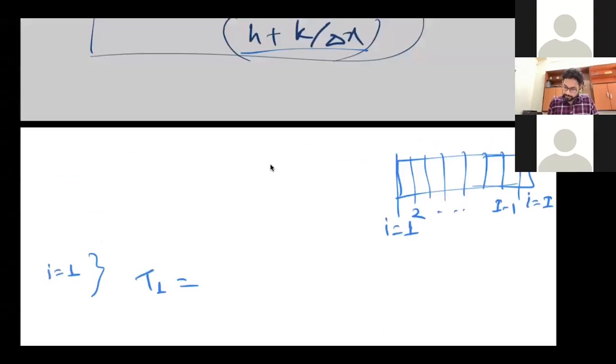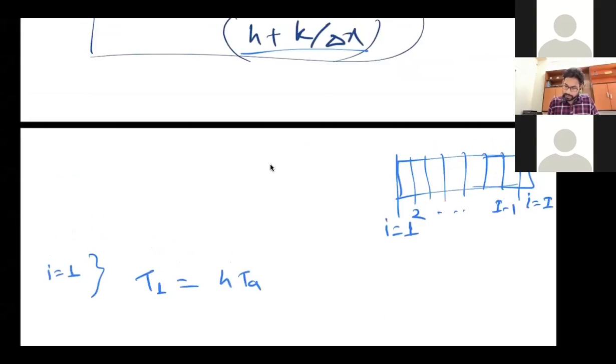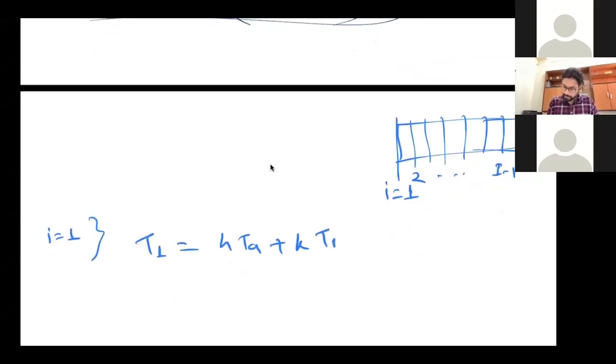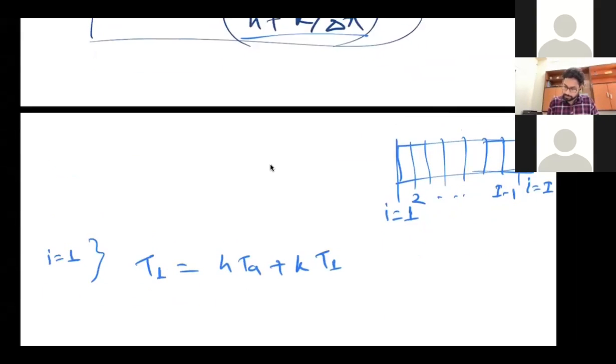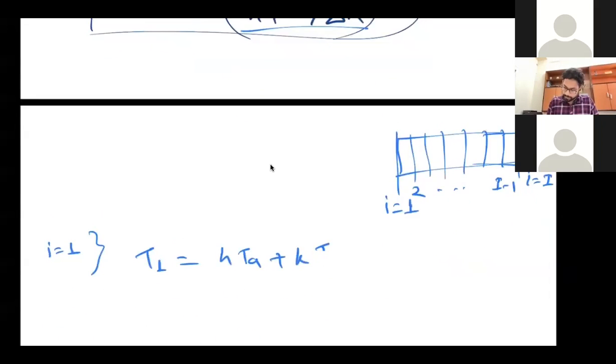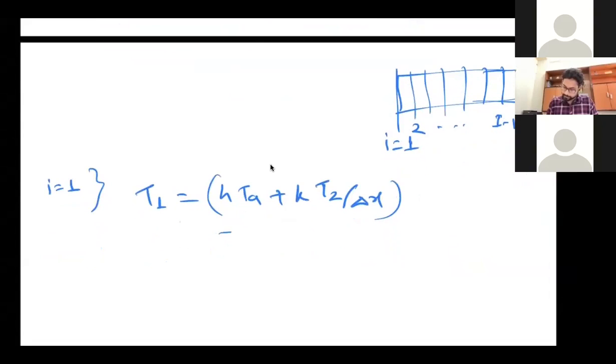So when I equal to 1, we have T1 as (h Ta plus K T2 by delta X) divided by (h plus K by delta X).